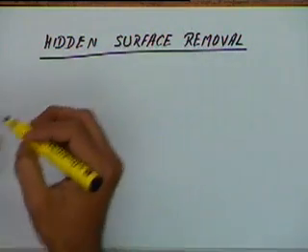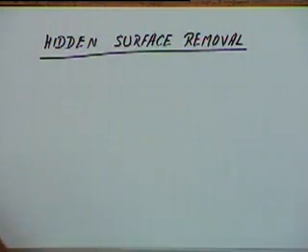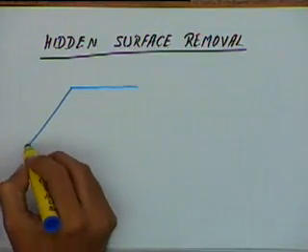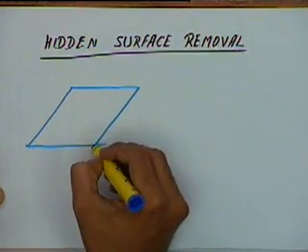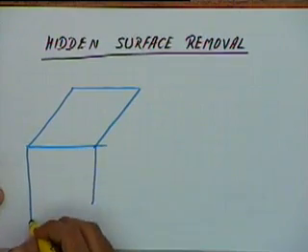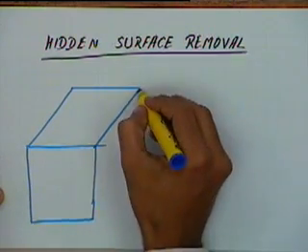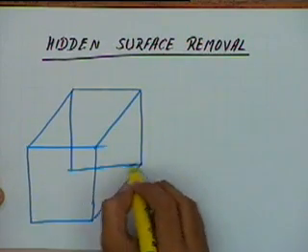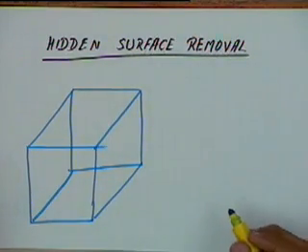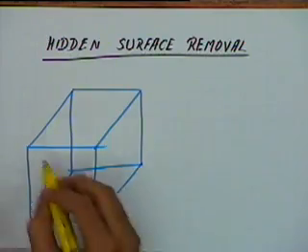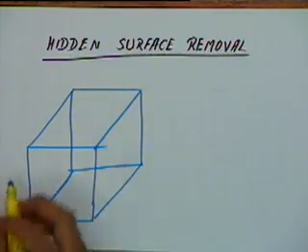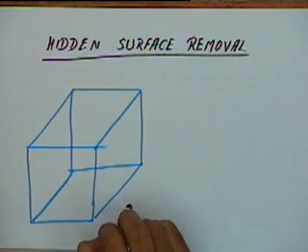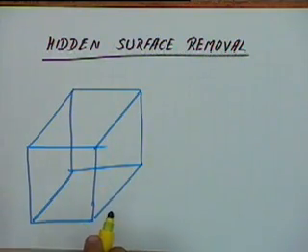When you are talking of hidden surface removal, if I draw a simple cube or simple block, I have drawn a simple block which consists of 6 faces and 12 edges and so on.